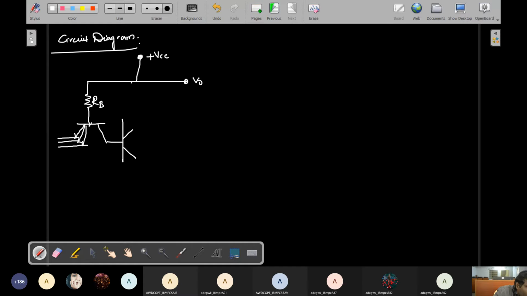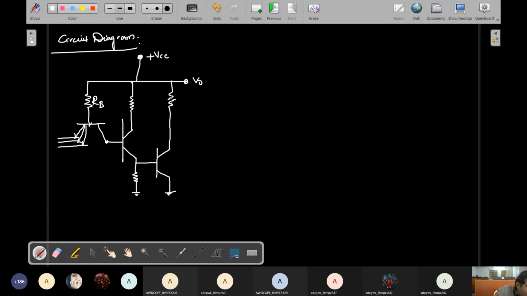Okay, through a resistor, this collector and ground. Okay, this is the base terminal, and one more transistor is connected here. Its emitter is simply connected to one more resistor.